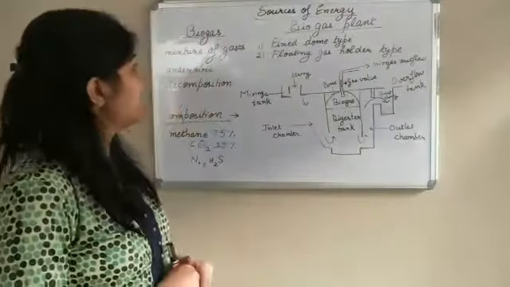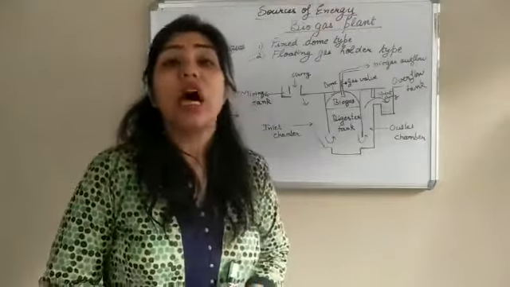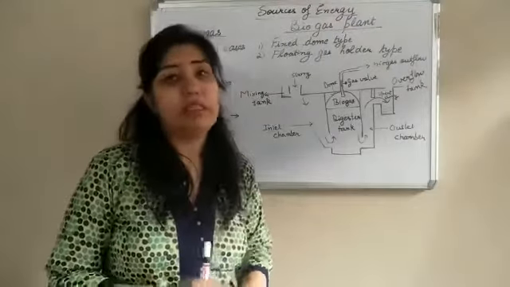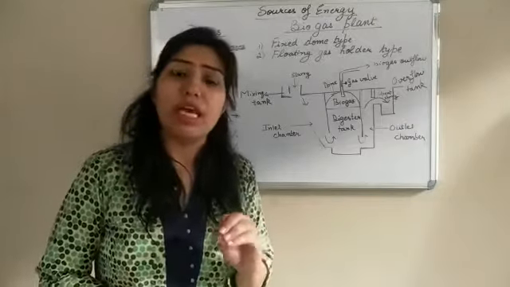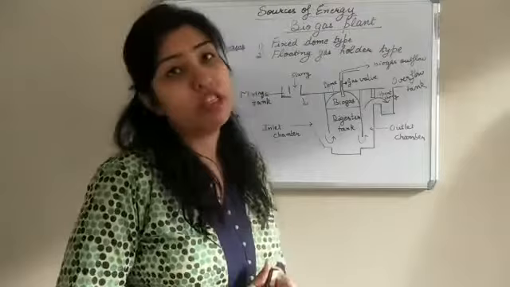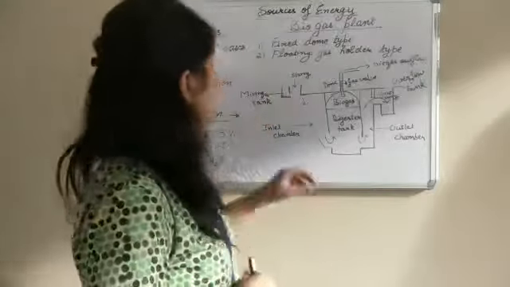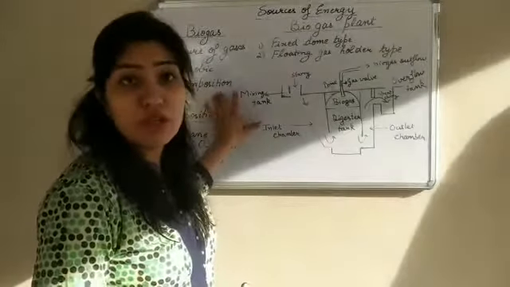Now, what is basically a biogas? Whenever the biomass undergoes anaerobic degradation, it means whenever we degrade it with the help of bacteria which do not require oxygen for their degradation, this process is called anaerobic degradation or anaerobic decomposition.